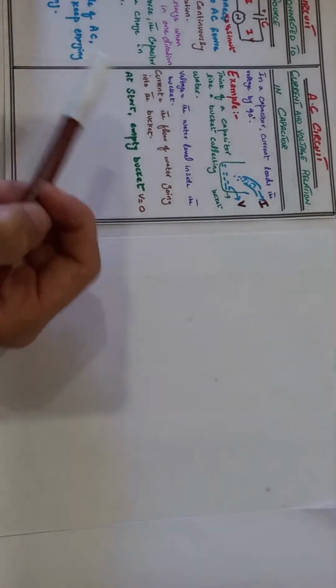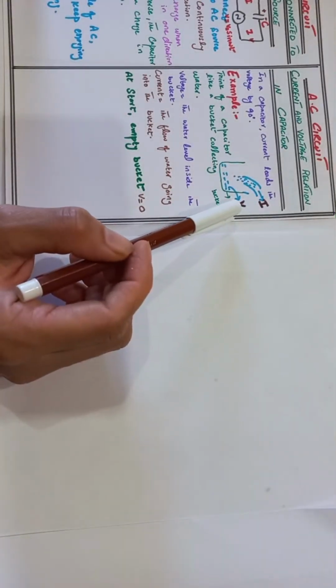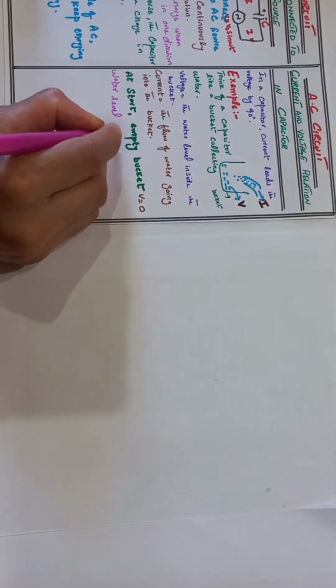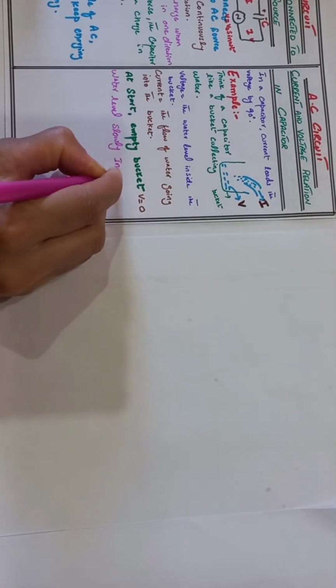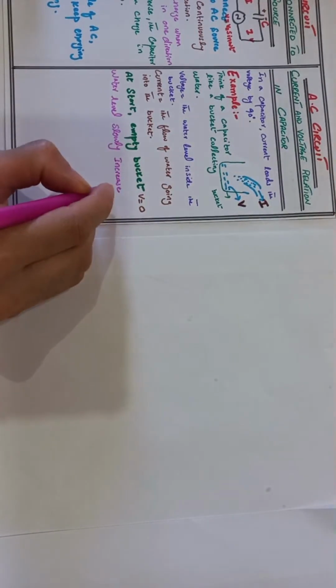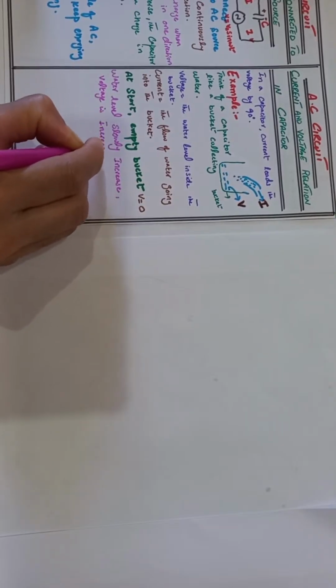When time increases, the water level also increases slowly. So the water level slowly increases, so voltage increases. Okay.